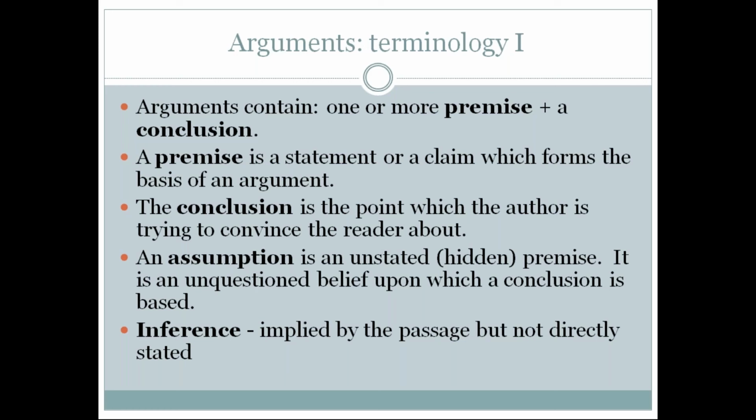You're probably already familiar with this terminology. Arguments contain a premise and a conclusion. The conclusion is the point the author is trying to convince the reader about. And an assumption is an unstated premise or an unquestioned belief on which a conclusion is based.